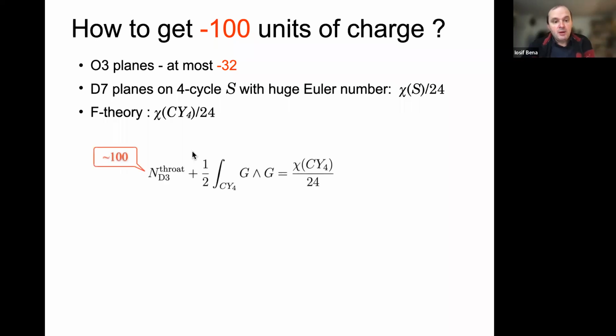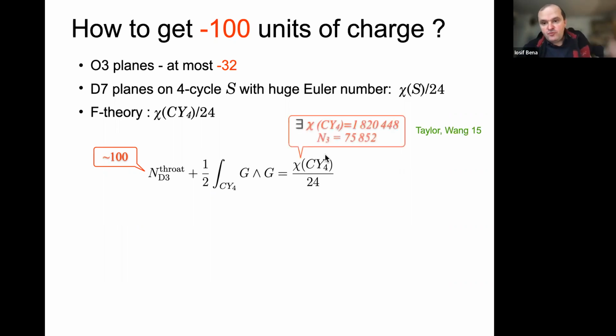So you say, no problem. My throat must have charge plus 100, and this must be cancelled by minus 100. You also have the fluxes of the Calabi-Yau, the rest of the fluxes in the Calabi-Yau, and these have to be cancelled by this contribution. Now, if you look in the Taylor-Wang calculation, the famous one which gives you 10 to the power 272 F-theory compactifications, there's a Calabi-Yau there, which has an Euler characteristic of like 1,800,000 something.